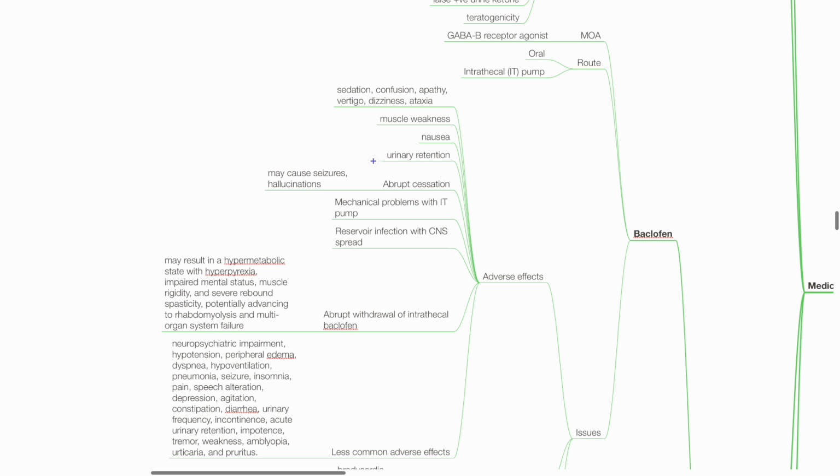Problems with the intrathecal pump includes mechanical problems, reservoir infection with CNS spread, and abrupt withdrawal of intrathecal baclofen may result in hypermetabolic state with hyperpyrexia, impaired mental status, muscle rigidity, rebound spasticity, rhabdomyolysis, and multi-organ failure.